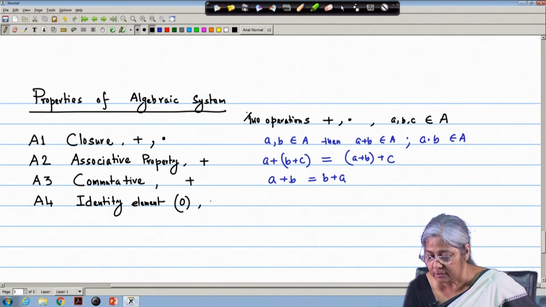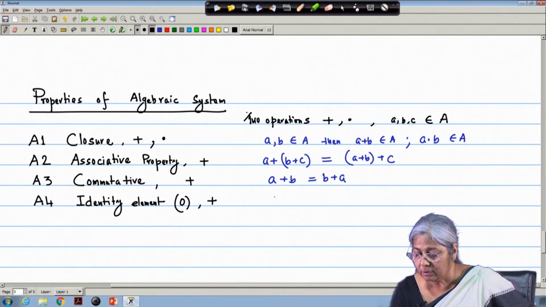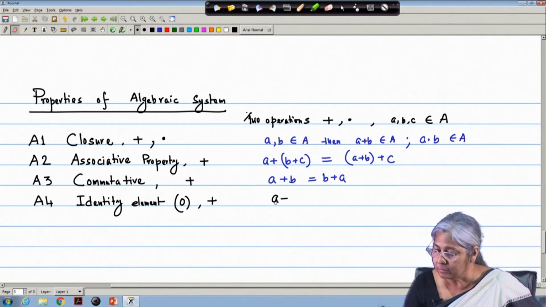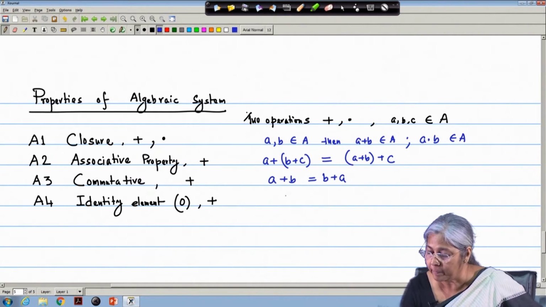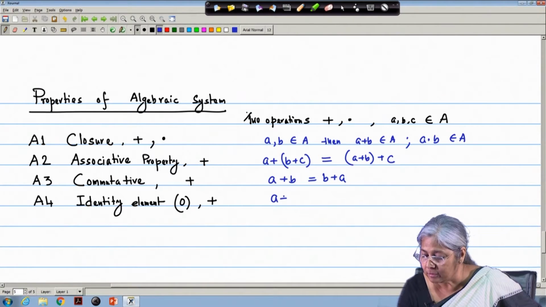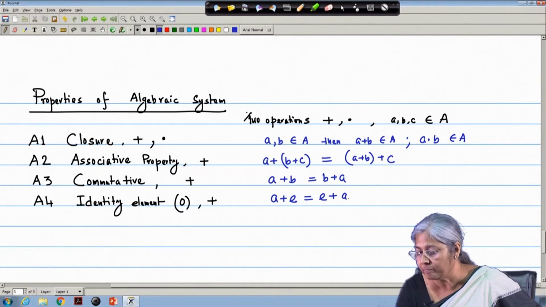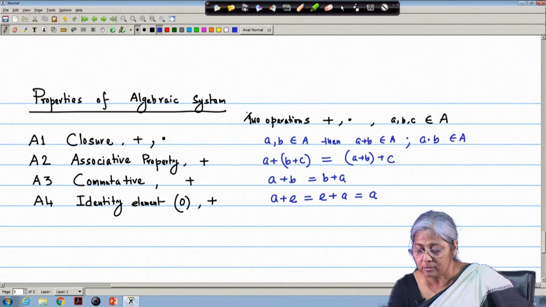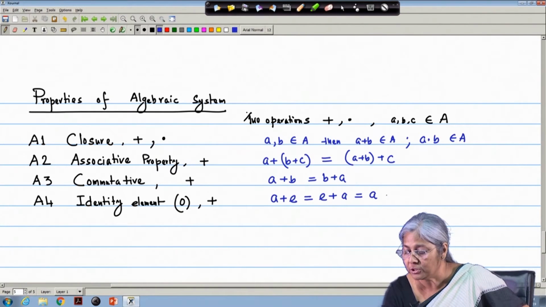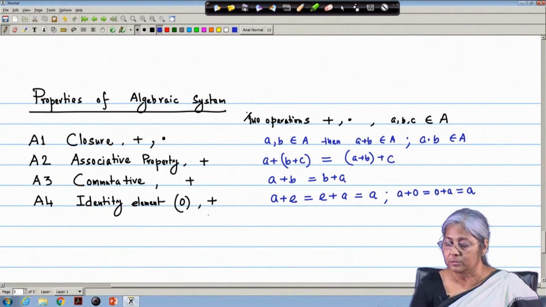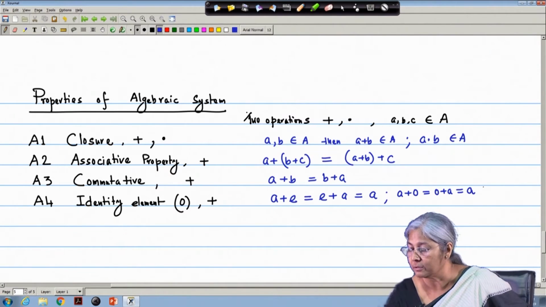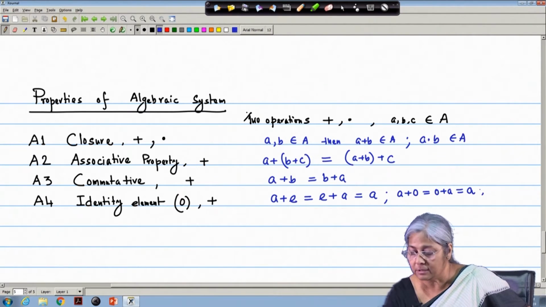Here 0 is the identity element with addition. If E is the identity element, then A plus E is E plus A equal to A only. With respect to addition, A plus 0 is 0 plus A is A. So 0 is the identity element, here E equals 0.